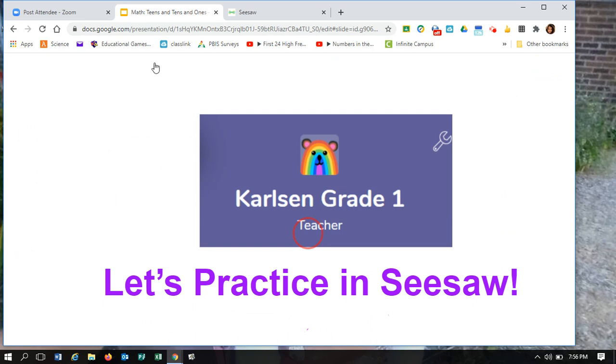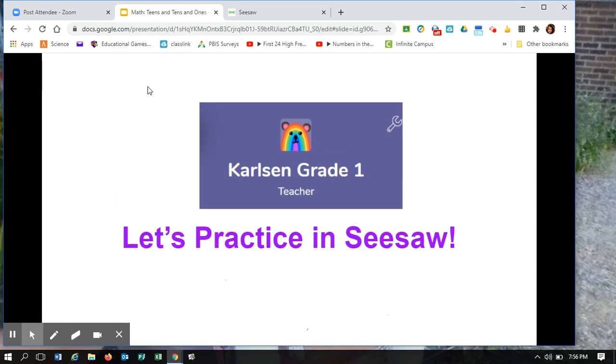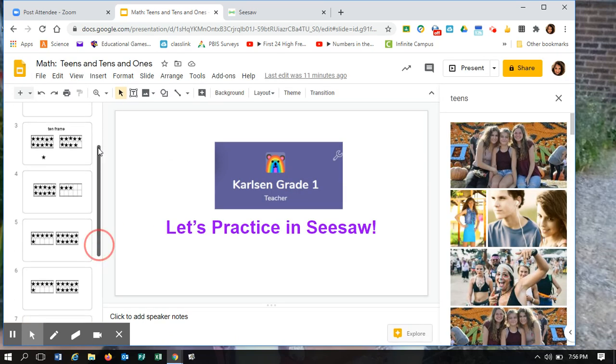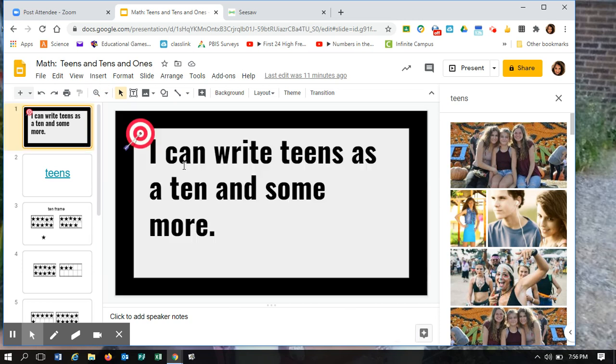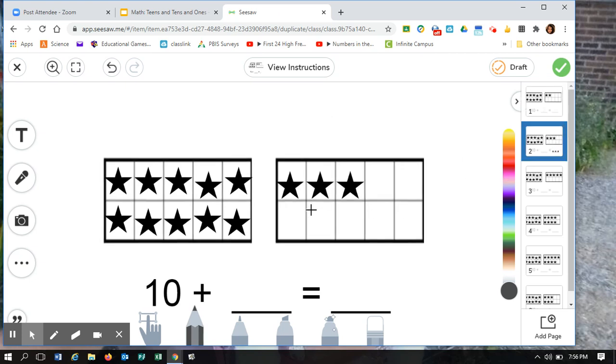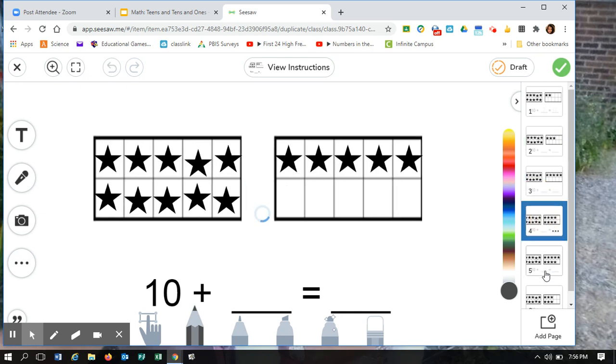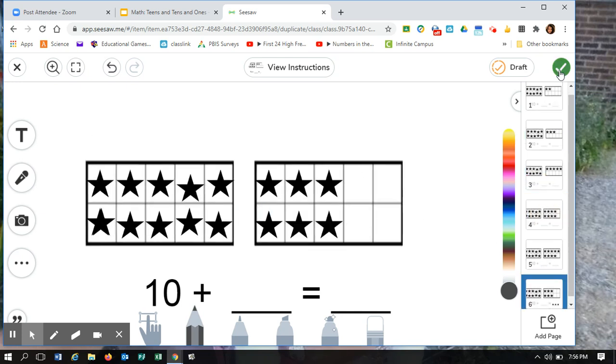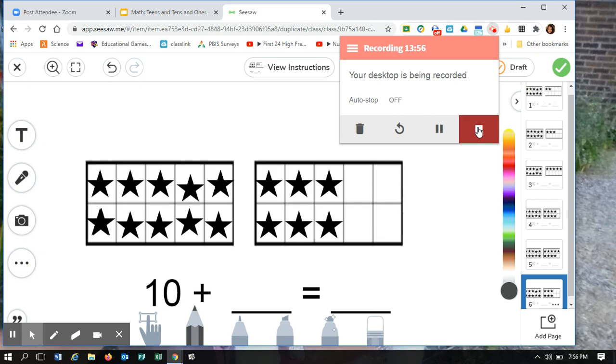So essentially what I'm doing here is our target. We're writing teens as a 10 and some more, okay? So then you'll go to this next one here, okay? And you'll do the same thing all the way down until you've done all 6, and then you can go ahead and check that box and send it to me. Okay, you can get to work.